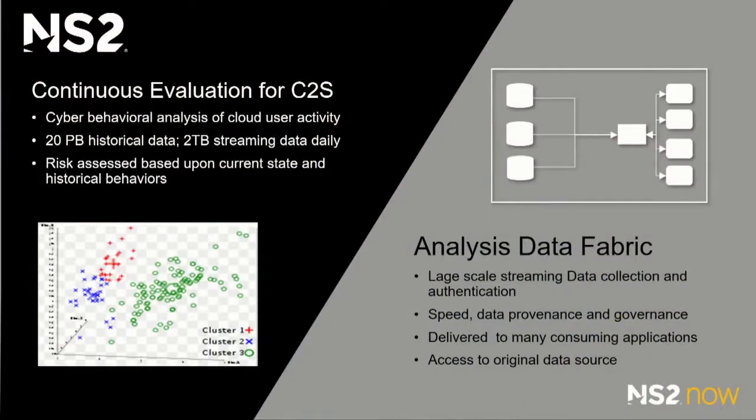Then we have an application we call continuous evaluation. And this is about insider risk assessment for users of cloud users. And this looks at 20 petabytes of historical data and 2 terabytes of streaming data every day. And the idea here is to use artificial intelligence, machine learning algorithms to understand anomalous behavior by otherwise certified users of a system.